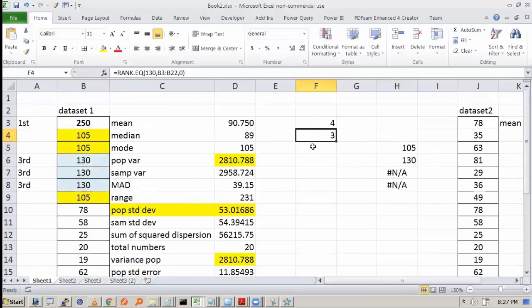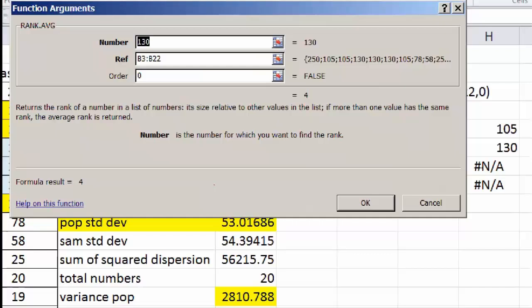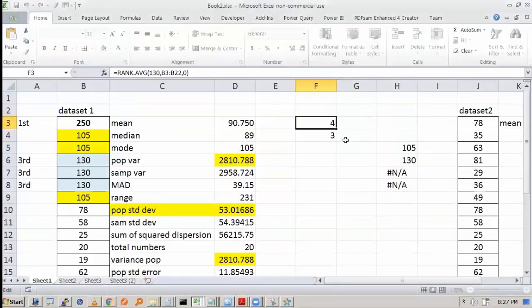Now let's try to debug these two things. Rank dot average, as I said, if more than one value has the same rank, the average rank is returned. So you have not got the proper rank, it is the average rank they have given.